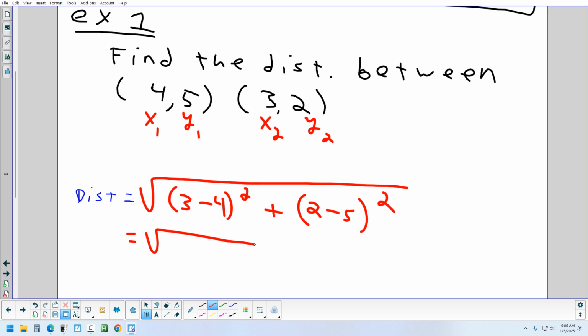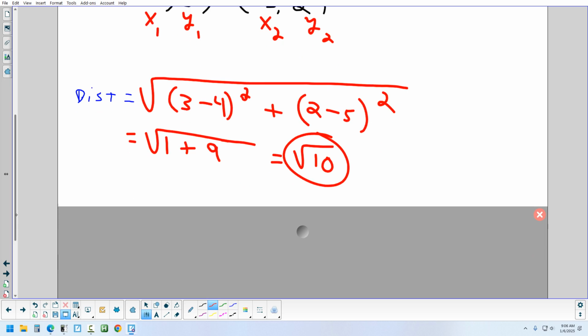And then when you square it, 1, plus 2 minus 5 is going to give me negative 3. And when you square negative 3, you get 9. So the only thing left is to simplify what's underneath. And that's the exact distance between the 2 points.